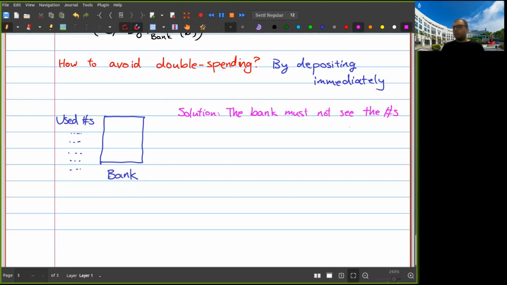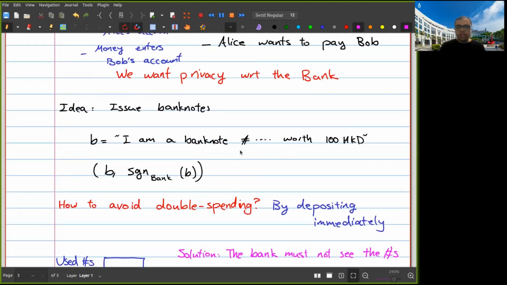Now, how does this help? Let's say that Alice chooses the serial number of the banknote herself. If Alice chooses the serial number, and if that serial number is not given to the bank, then the bank doesn't know the serial number, right?